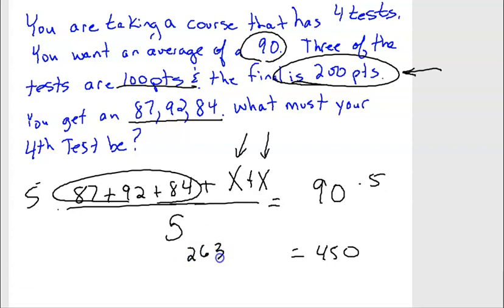That's 263 plus 2x, and then 2x, 187. And then when you divide by 2, you're going to get 93.5. So the person must score a 93.5% on the final exam to be able to end up with an A in the course.